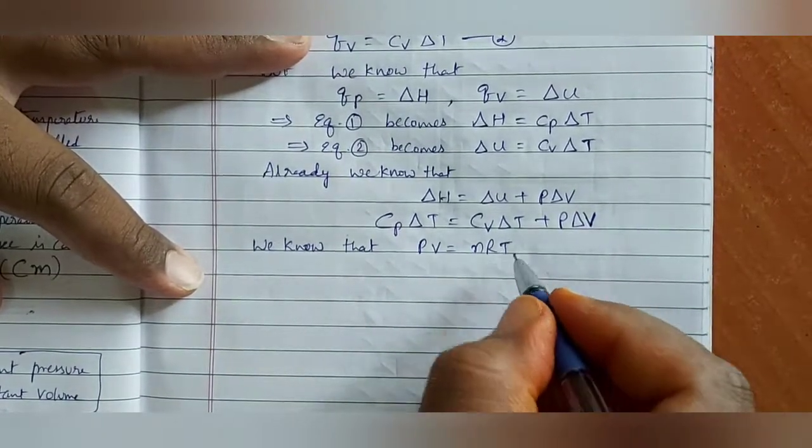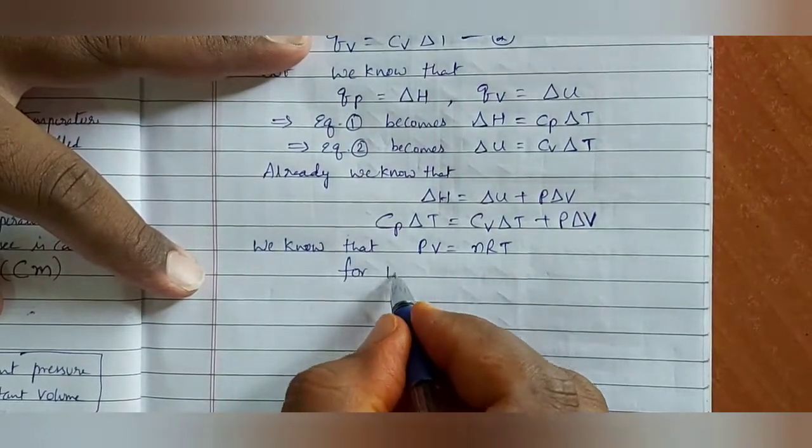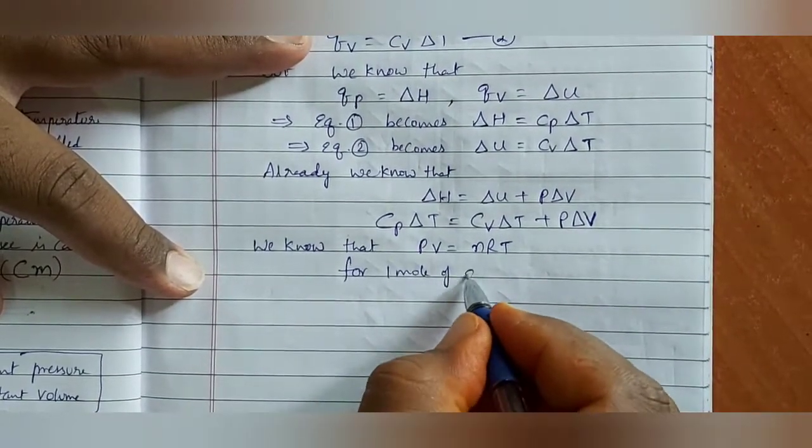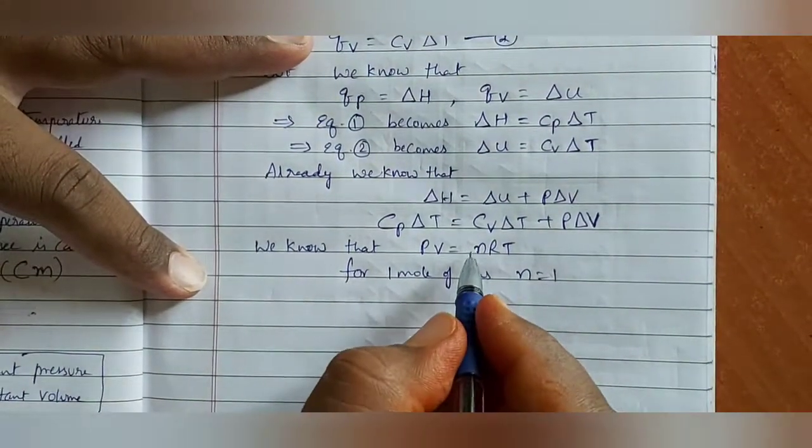PV is equal to nRT. For 1 mole of gas, n is equal to 1. Here n is the number of moles.